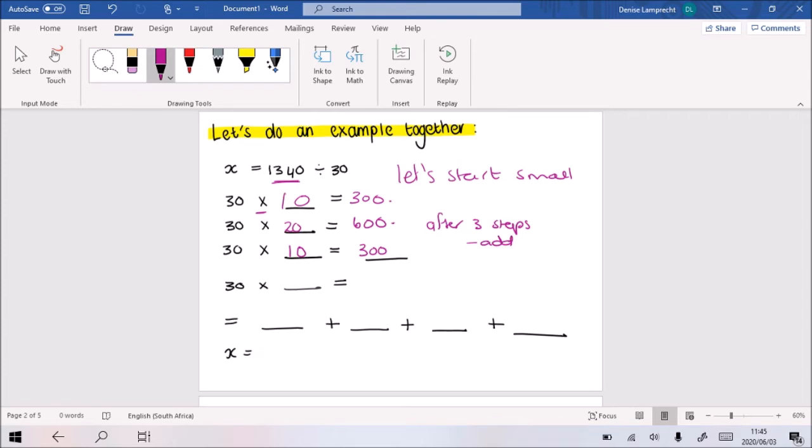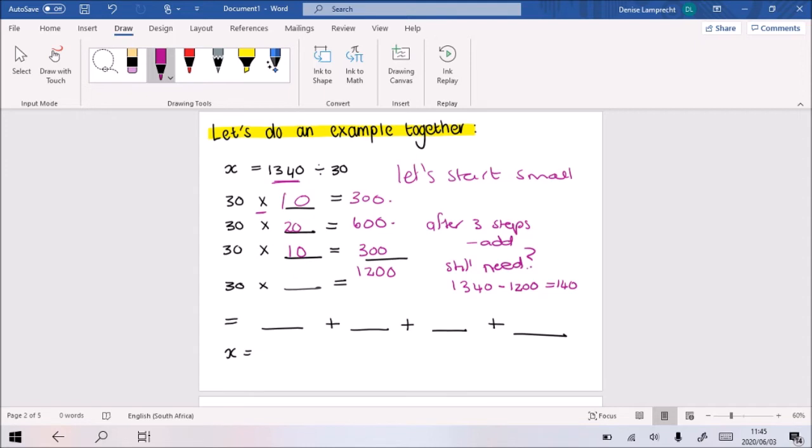So if we add 300 and 600 and 300, it is 1200. Now, what do I still need? 1340 minus 1200 equals 140.